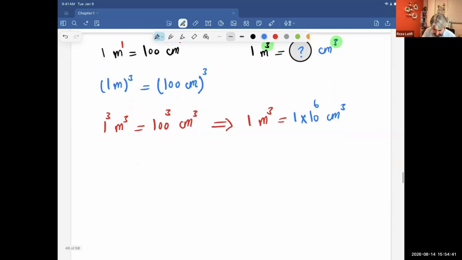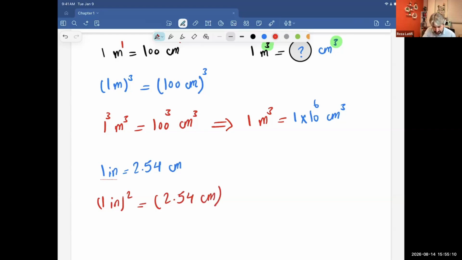Another example: if they tell you 1 inch is equal to 2.54 centimeter, and you want to find square inch. So I go 1 inch to the second, which is equal to 2.54 centimeter to the second.